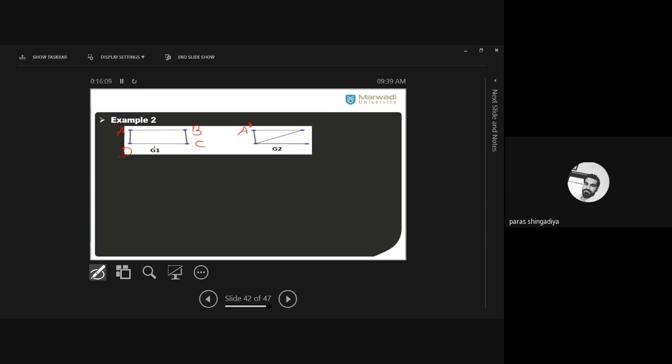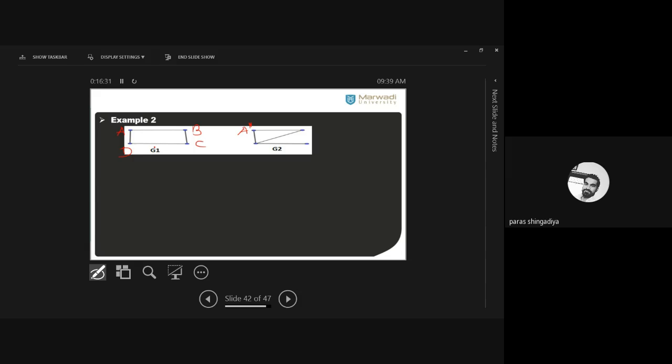Now A is adjacent with B and D in the first graph. What is the degree of both? That is 2. Clear? So find such 2 vertices in the second graph which should be adjacent to A dash, and such vertices should be of degree 2.